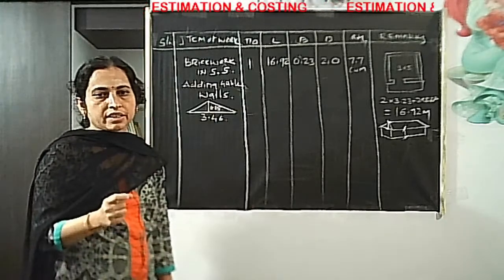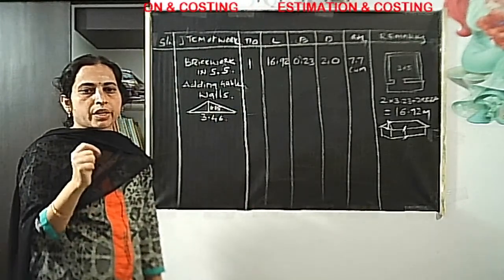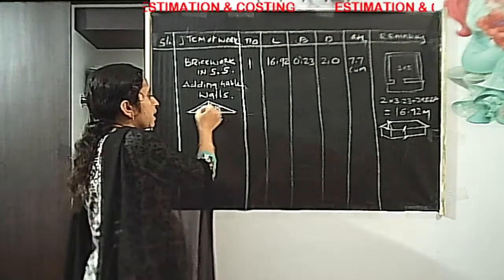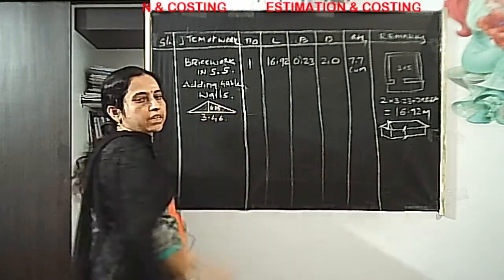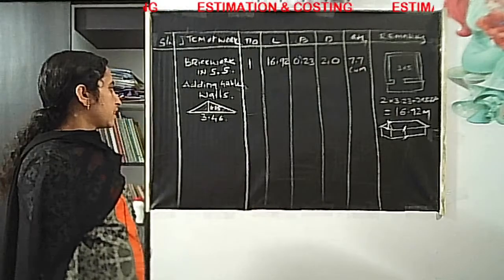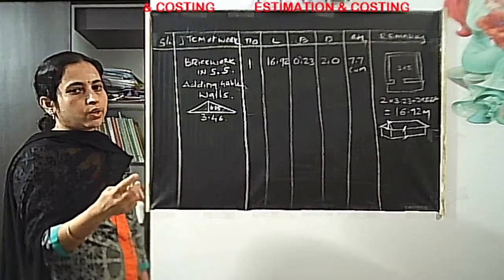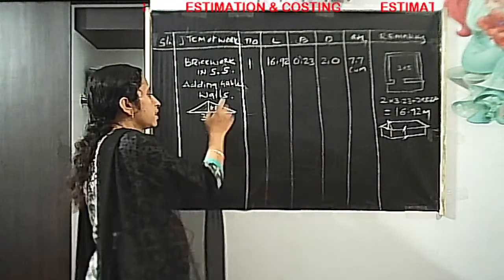So to add the brickwork in the gable wall, we are taking the area of this triangle, which has to be multiplied by the thickness of the wall to get the quantity of brickwork in the gable portion.